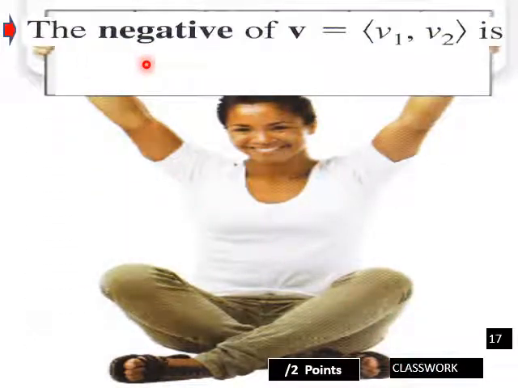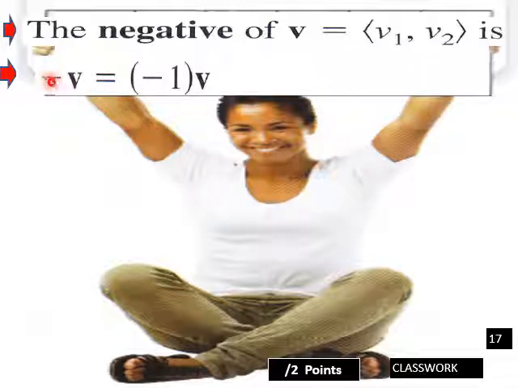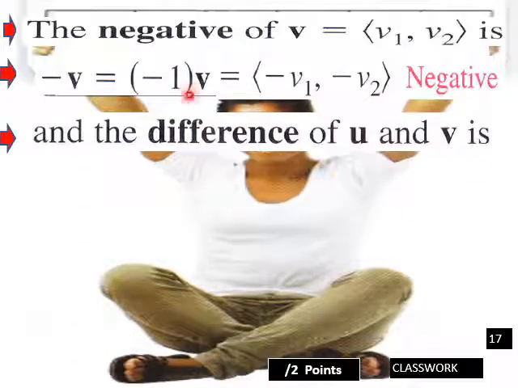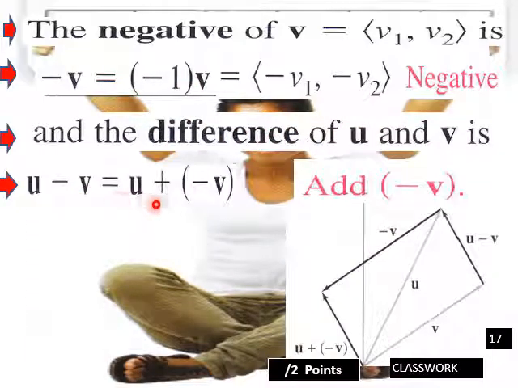Classwork. The negative of v, where v is <v1, v2>, the negative v would equal the negative 1 times v, equals <negative v1, negative v2>. So that would be the negative of v. And the difference of u and v, u minus v, would be u plus the negative v.